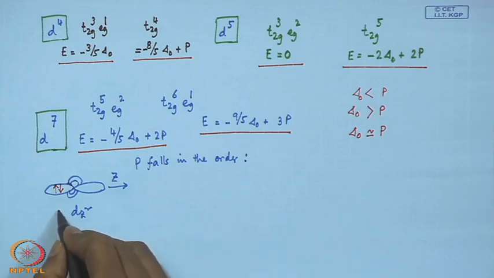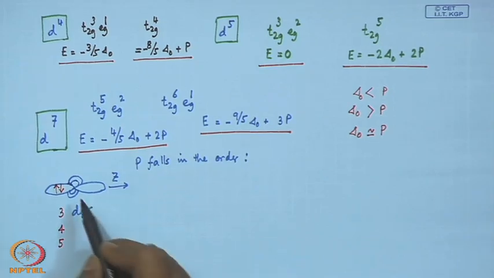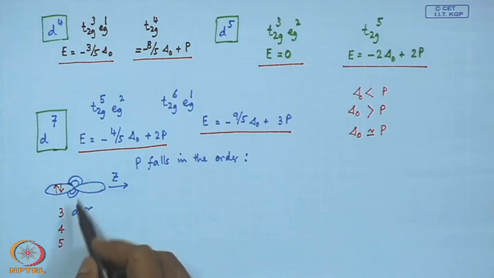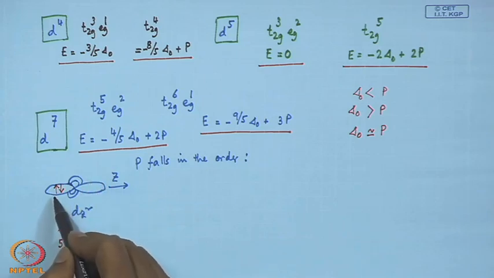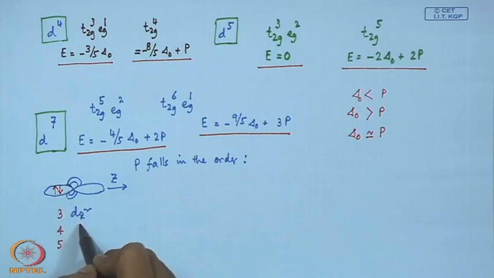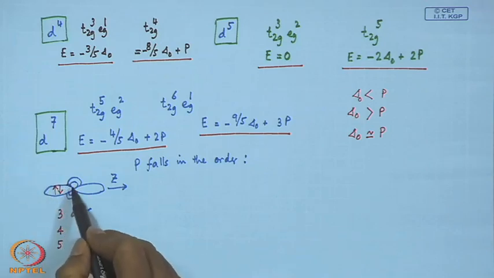So, compared to 3dz square, 4dz square and 5dz square, when the principal quantum number is changing from 3 to 4, 4 to 5, the size of these d levels is increasing. That means the maximum amount of repulsion can be observed when 2 electrons are present in the 3dz square level only, where the size is smaller compared to 4dz square.